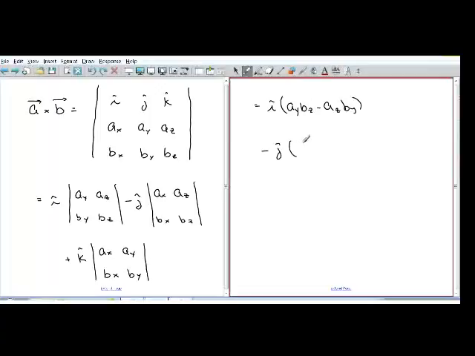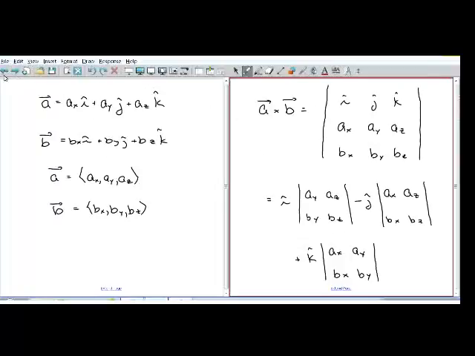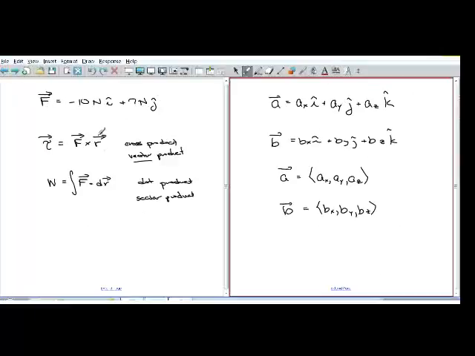So that's this vector. Then you get minus j times A sub x B sub z minus A sub z B sub x. And finally plus k unit vector times A sub x B sub y minus A sub y B sub x. So in a three-dimensional sense, that's the cross product.